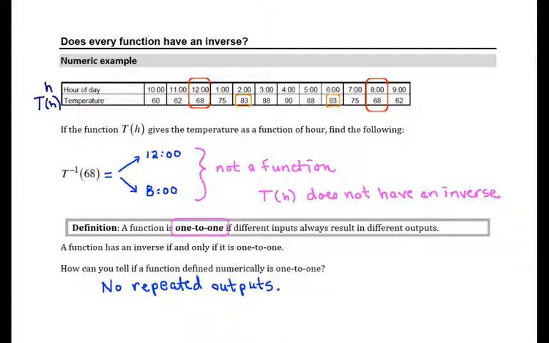As soon as I've found a single instance of an output repeating, I know that this function is not one-to-one. I have to look at all of the outputs and determine that none of them repeat in order to conclude that the function is one-to-one, but I only have to find a single instance to conclude that it is not.